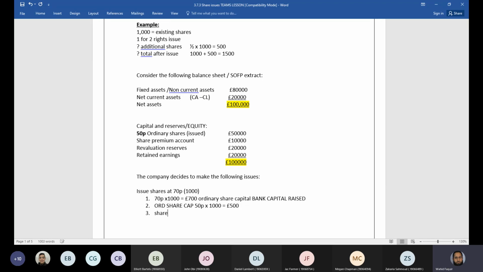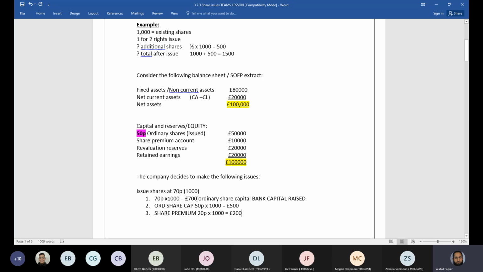So what we do is anything surplus to the nominal value, and that's the nominal value highlighted in pretty pink, we put in the share premium. Okay, and that would be the 20p times by 1,000.